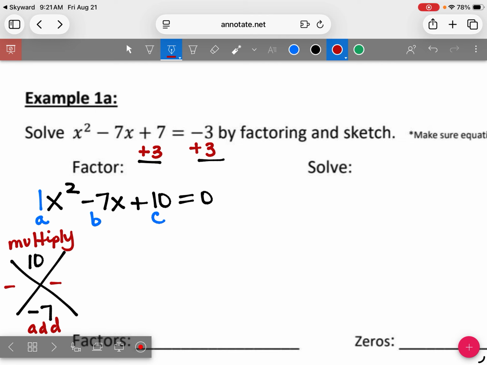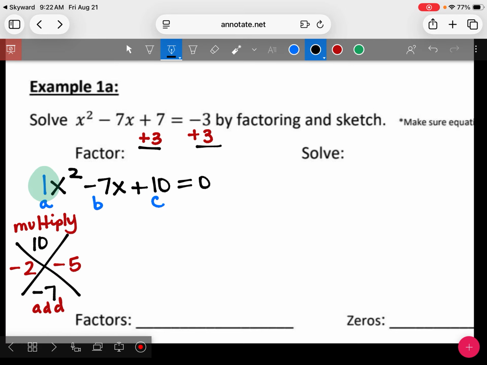All right, anybody want to volunteer my two numbers? Dwayne. -2, -5. So again, only because this number is 1. That's the only reason why we don't have to make a box.